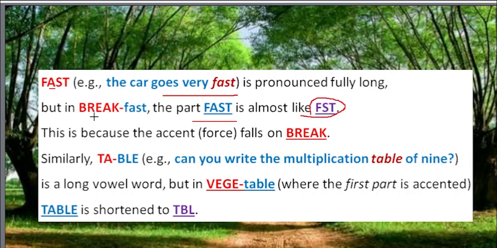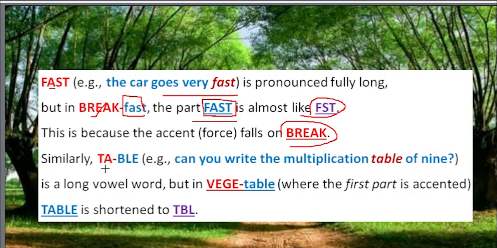Because break is the accented syllable and this is the unaccented syllable. So it should be shortened in both duration and loudness, and we say breakfast. Because the accent falls on break and the unaccented syllable is shortened, fast to first.